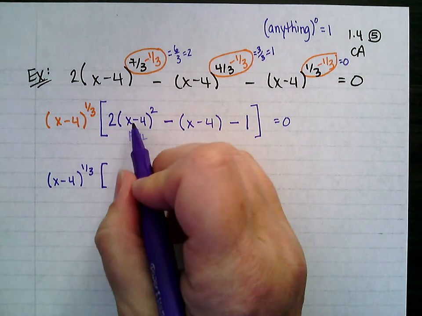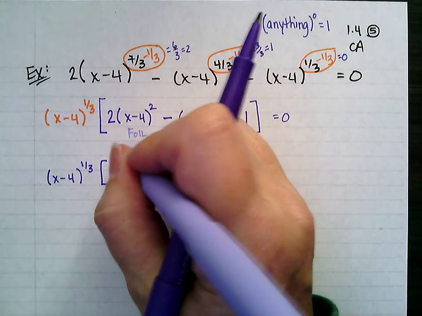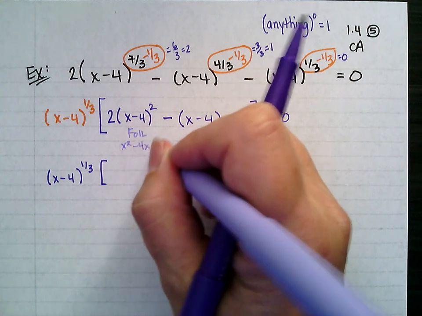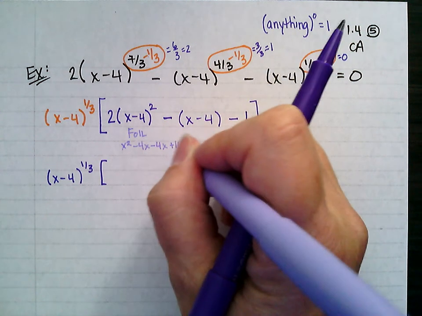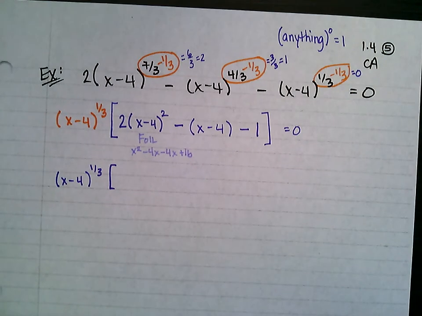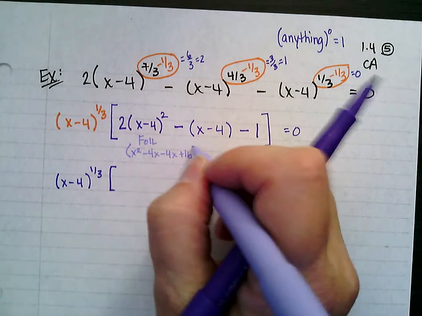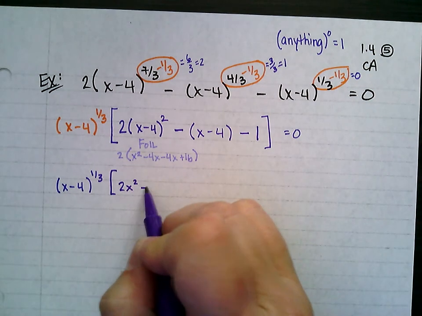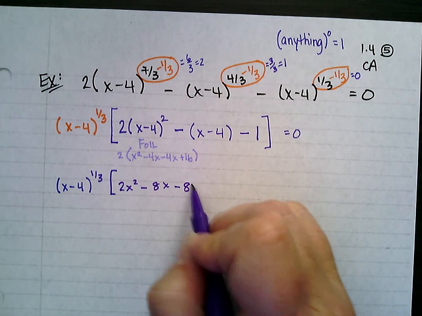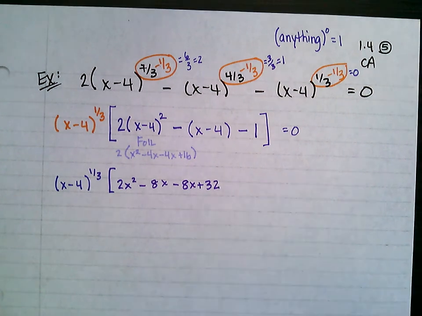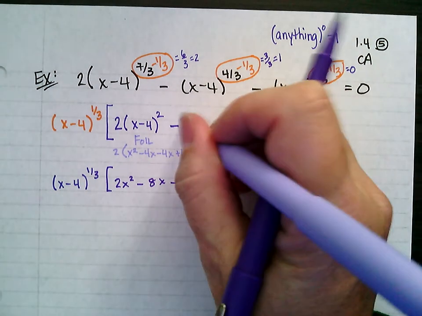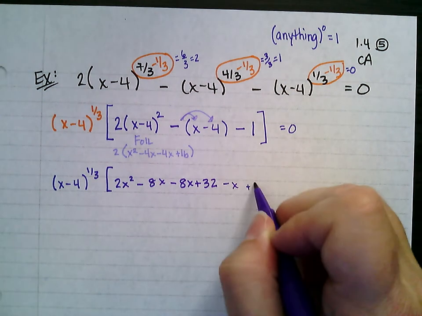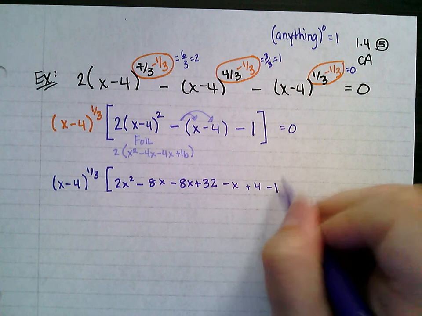So when I FOIL that, x times x, x squared, negative 4 times x, minus 4x, another minus 4x, and then a plus 16. And then if I distribute that 2 onto that, that'll be 2x squared minus 8x plus 32. And then distribute this negative onto here, minus x plus 4, and then I still have minus 1.